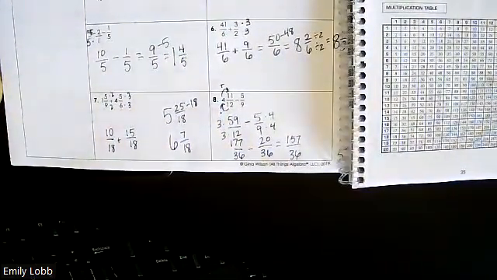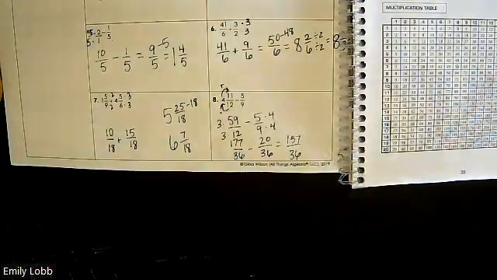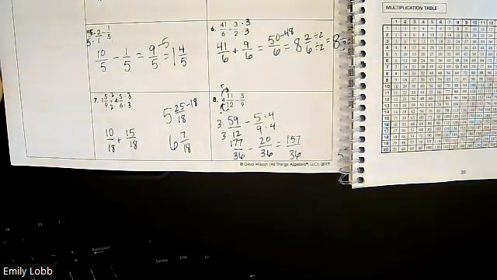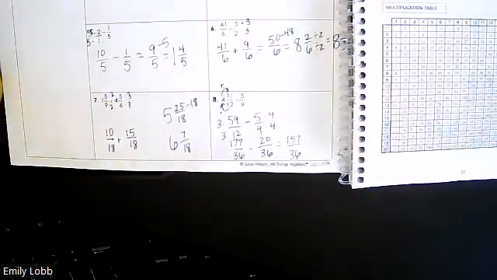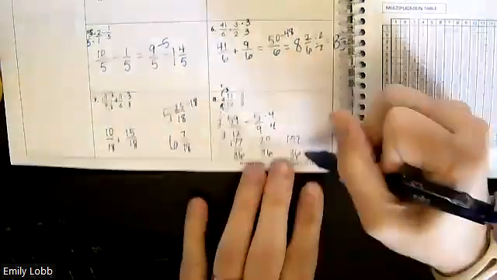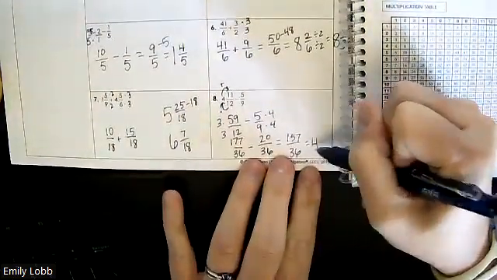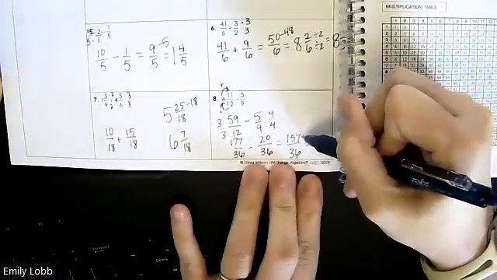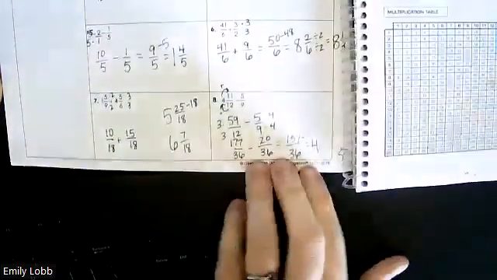Divide that by 36. I would say 157 in your calculator divided by 36. See what whole number you get. 4. So 4 times this. 4 times 36.